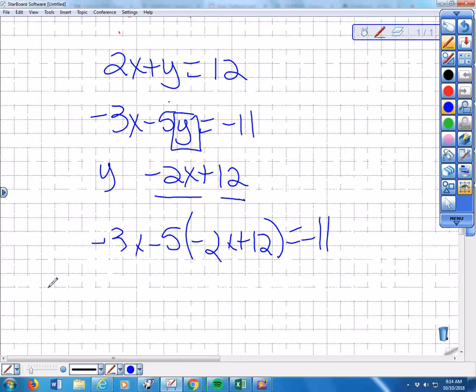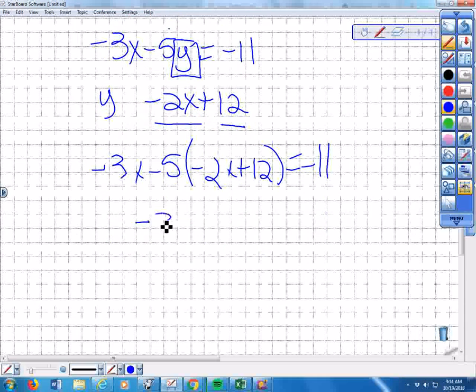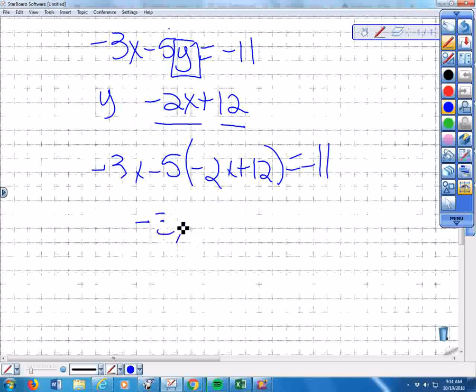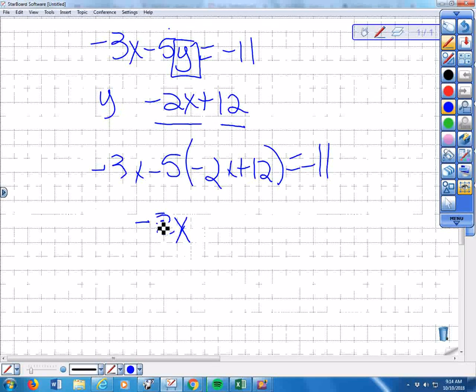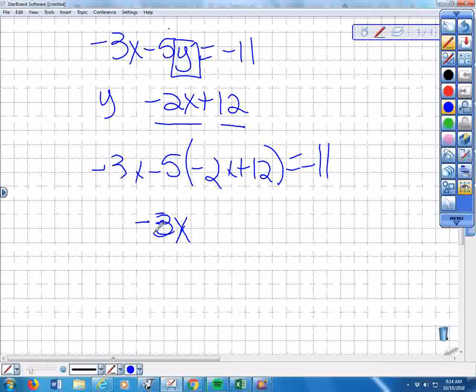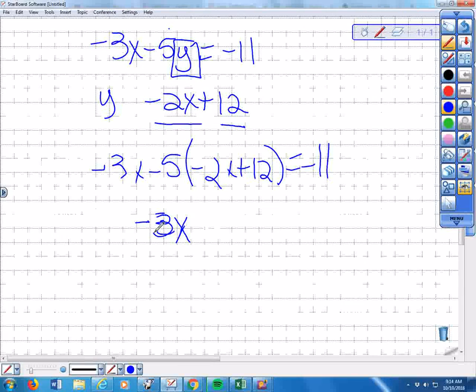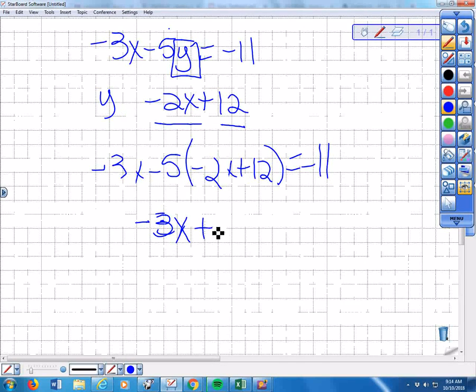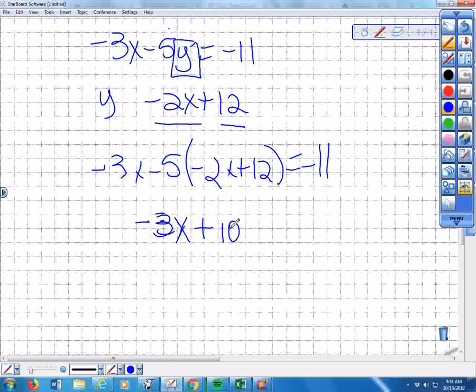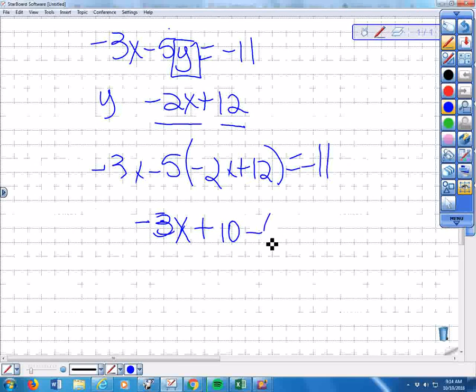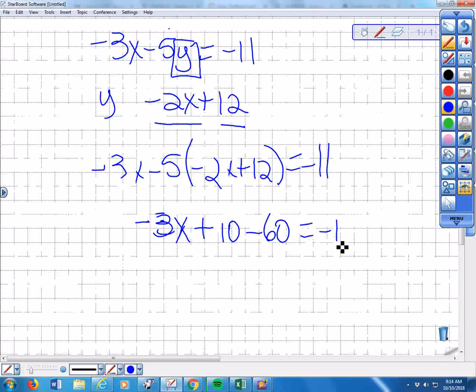Okay. So I'm going to write negative 3x, except that doesn't need to be simplified yet. I'm going to distribute the negative 5 in. So what's negative 5 times negative 2? Positive 10. Negative 5 times 12, negative 60, equals negative 11.